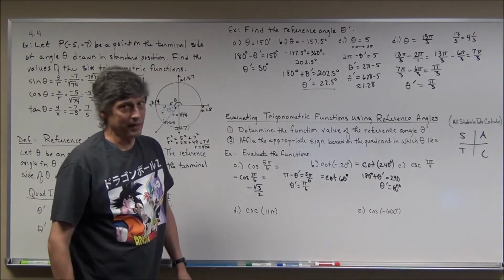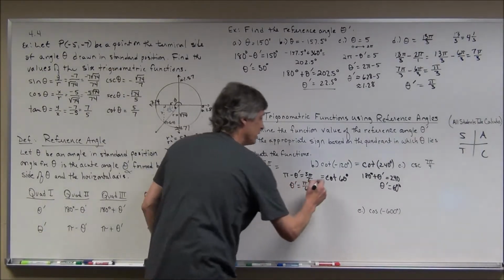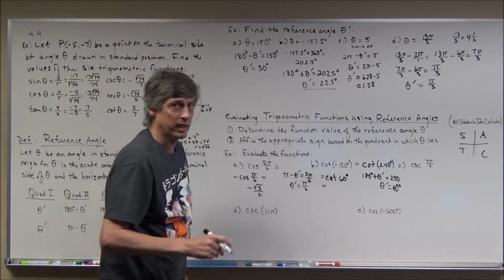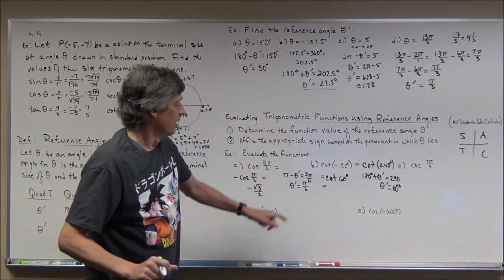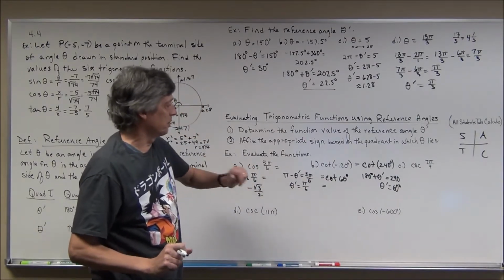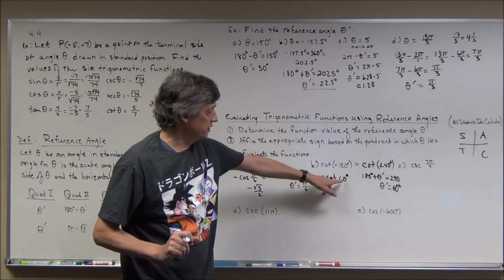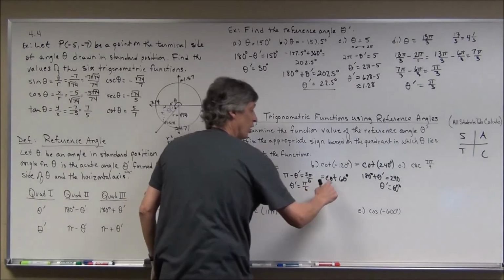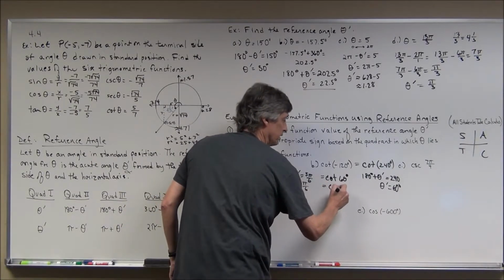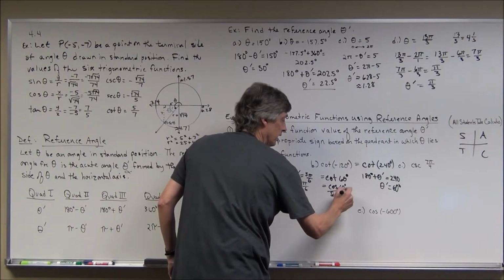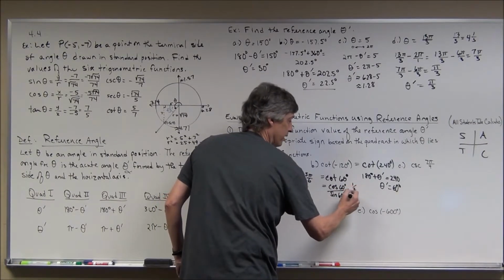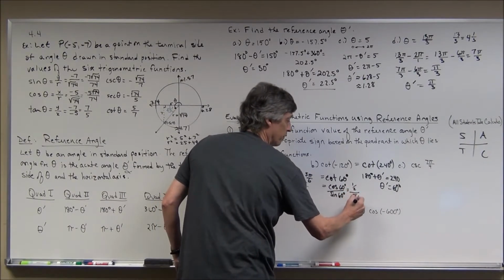Now, you might not have the cotangent of 60 degrees memorized, but you should have the sine and the cosine, and since the quotient identity for cotangent, I almost said reciprocal, the cotangent of 60 degrees would be the cosine of 60 degrees over the sine of 60 degrees, which is 1/2 divided by the square root of 3 over 2.